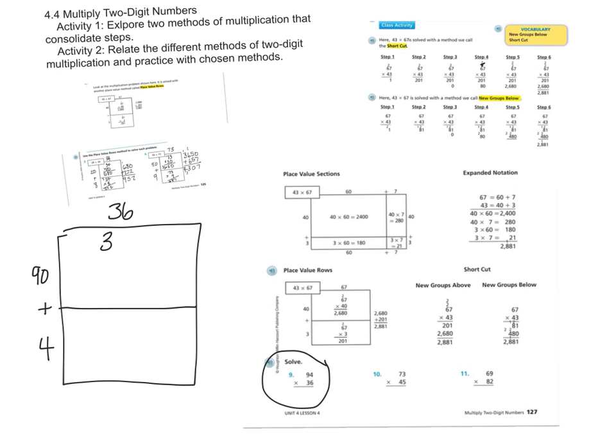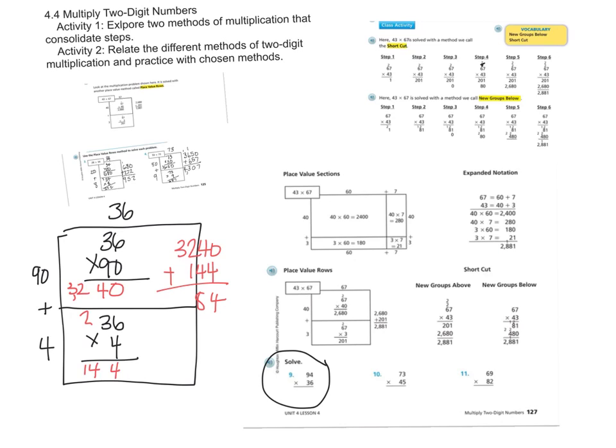So if I did 36 times 90 and 36 times 4, it might look a little like this. Once I get my two numbers, 3,240 plus 144, 3,384.